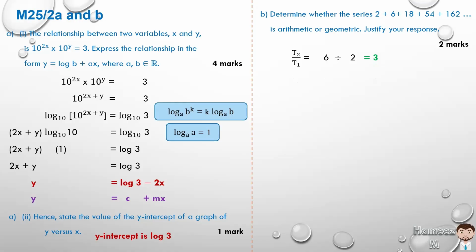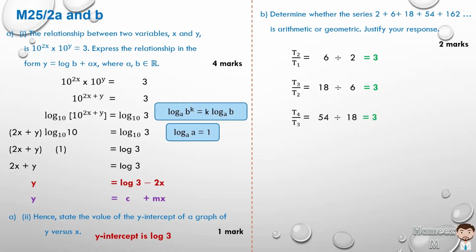3 2s are 6. What happens between the third term and the second term? Well, that is 18 divided by 6, which is also 3. So just as we took the first term and multiplied by 3 to get the second term, we take the second term and multiply by 3 to get the third term. And what about the fourth term and the third term?